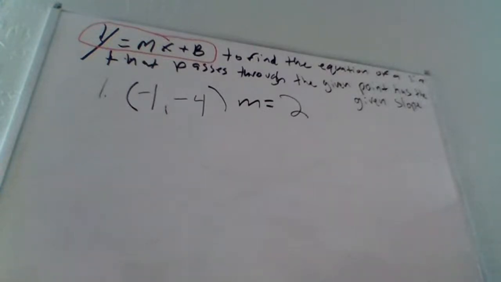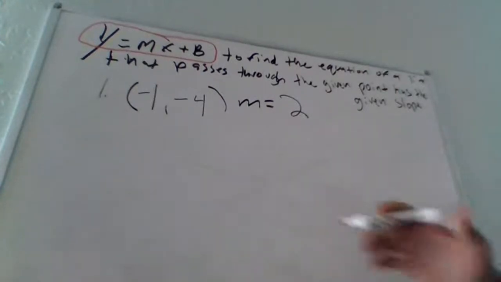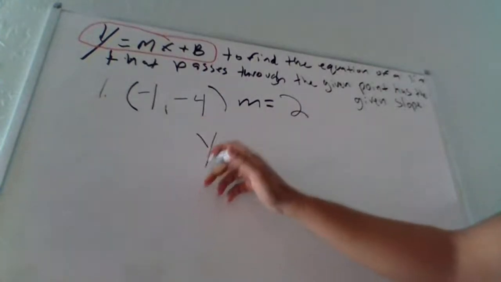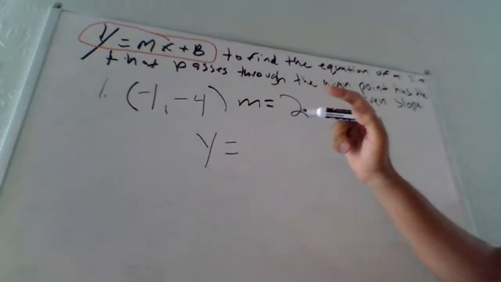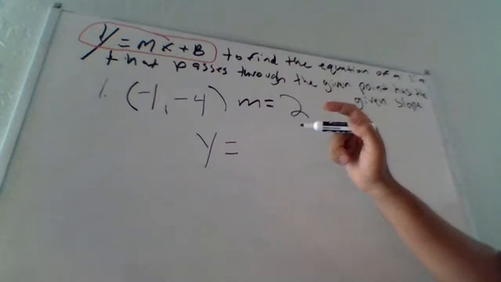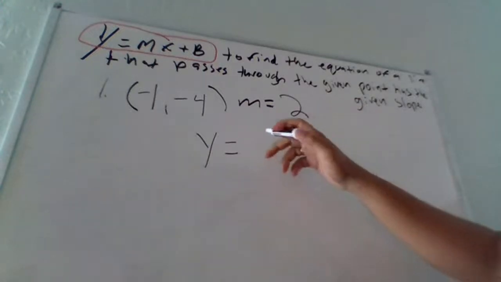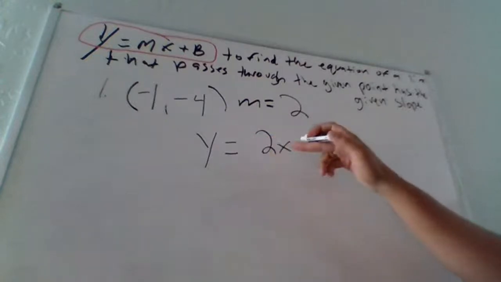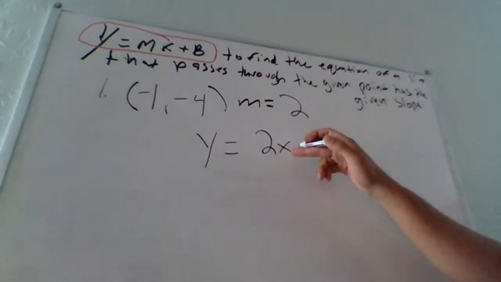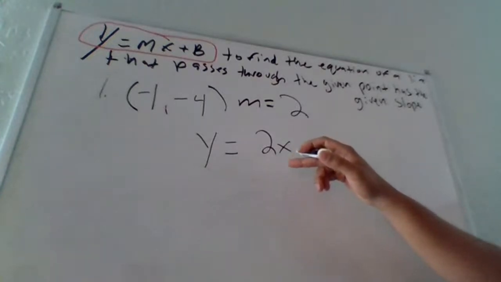I'll do it. So y equals 2x minus -1. The 2x -1 is in the parentheses, so we're going to multiply.